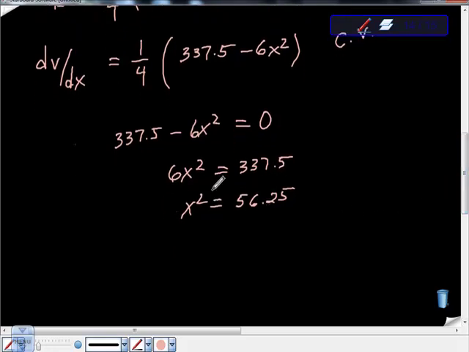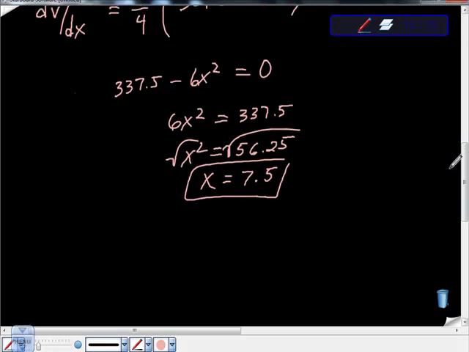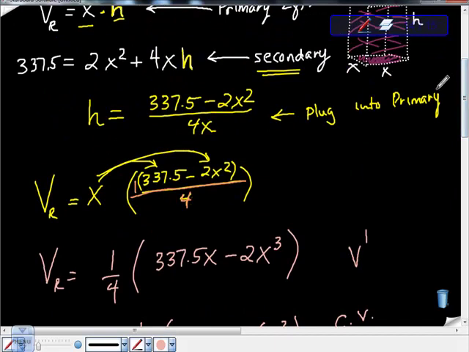When I take the square root of both sides, this thing does come out pretty clean. It comes out to be 7.5. So we have the x dimension. Now we need the h dimension. So go back up to h, plug in 7.5 squared, 7.5 here.